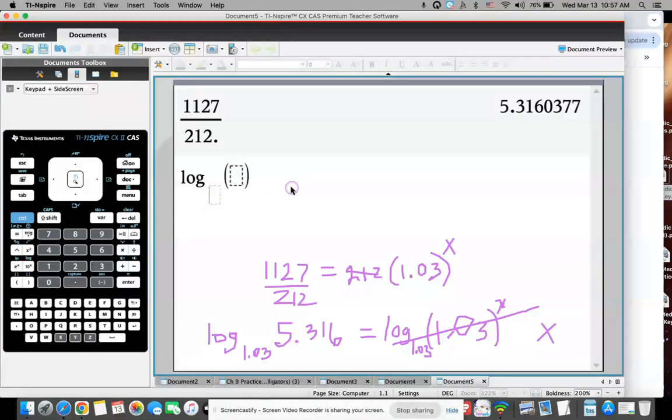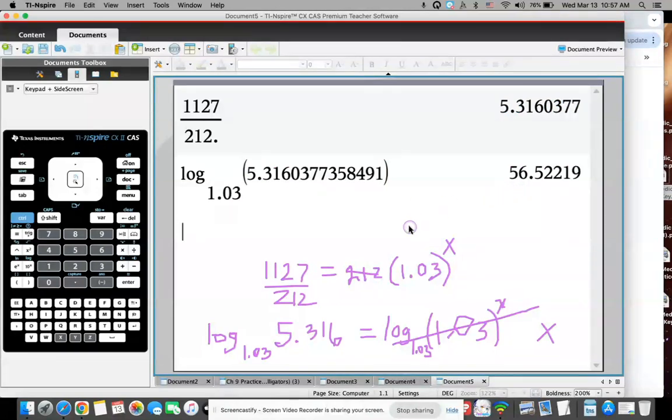Again, I need base 1.03. And then raise to the 5 point. Instead of writing it out, I'm just going to copy this down. So what I do is arrow up and then hit enter. And that way it'll make it super accurate, right? It won't be rounded. So 56.5 days later, my bacteria would have grown from 212 to 1,127, assuming a daily growth rate of 3%.